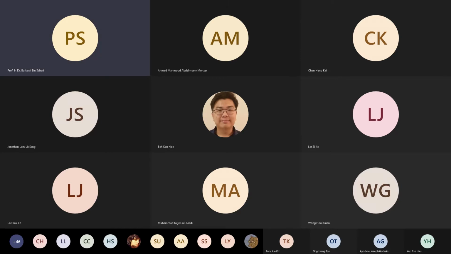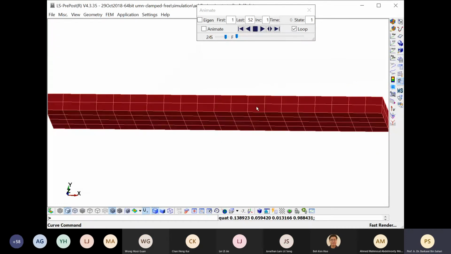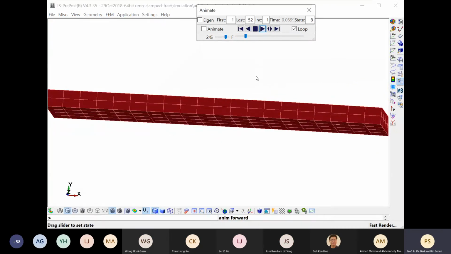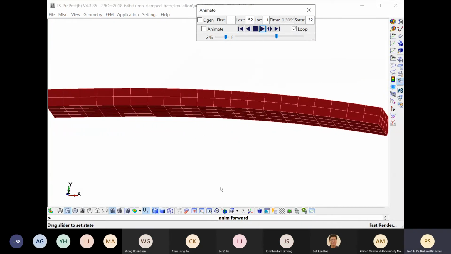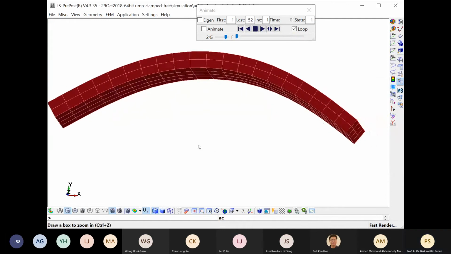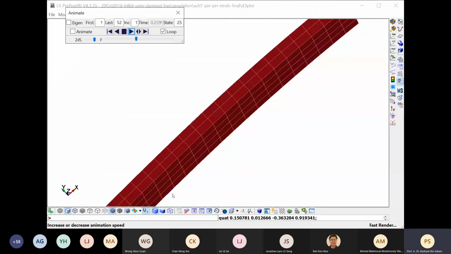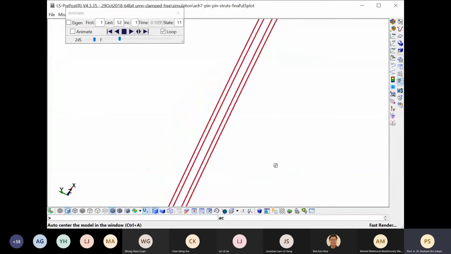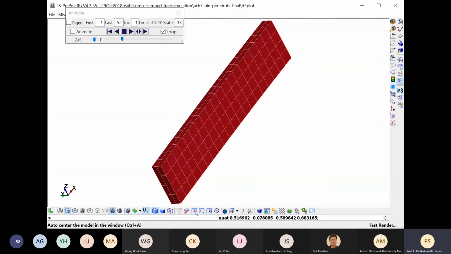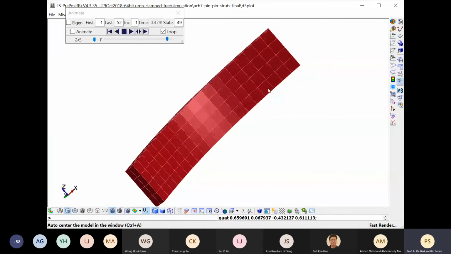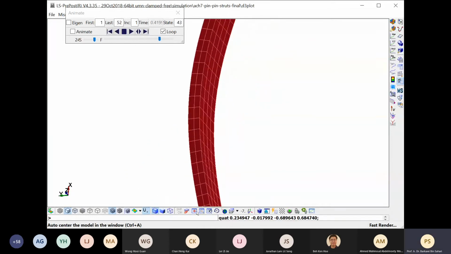Right, so this is pin. We have seen this one before, right? Now we look at it differently. So this is how it buckles. Just to see, right.